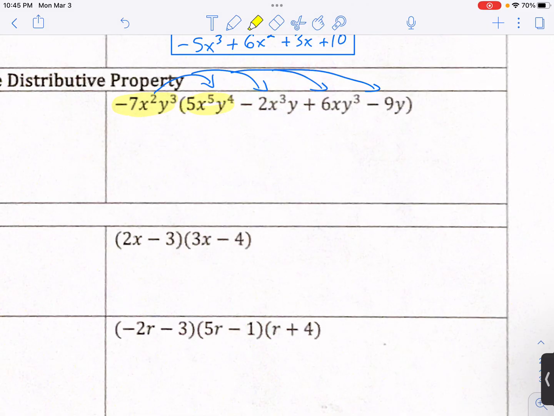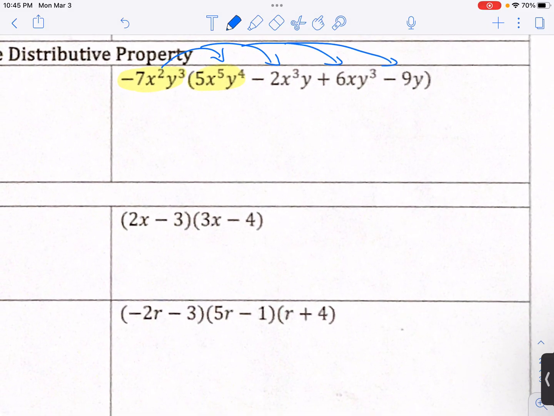So let's start out with the first one. -7 times 5, that's going to be -35. Add my x's, so I get x to the 7th. Add my y's exponents, so that's going to be y to the 7th. All right, there we go. On to the next one. Negative 7 times negative 2, that's going to be positive 14. x to the 5th, y to the 4th.